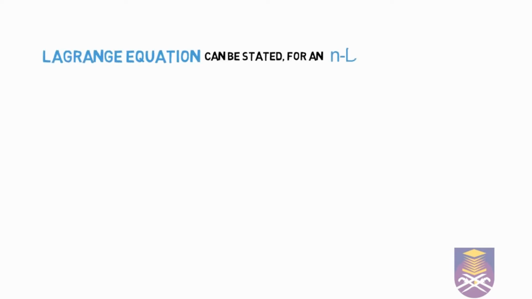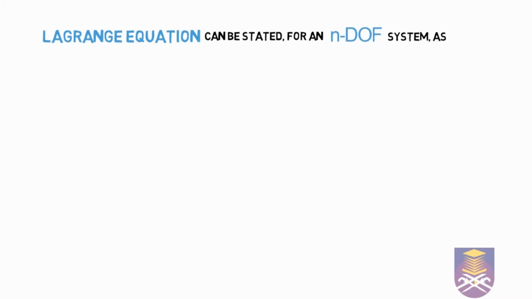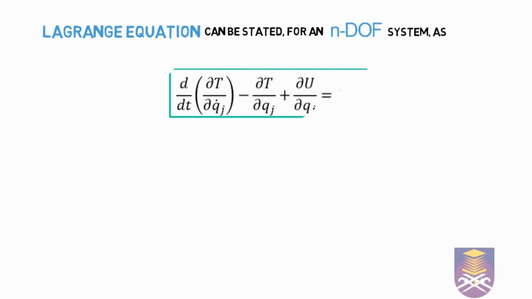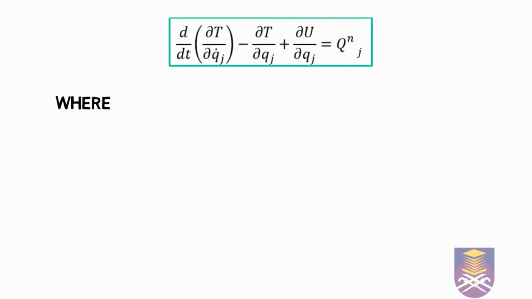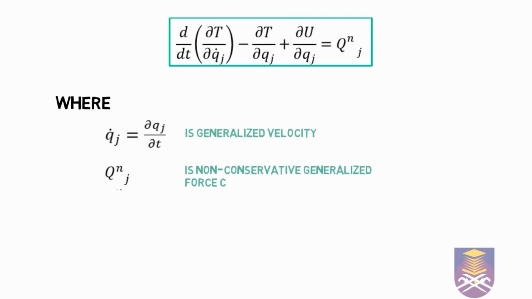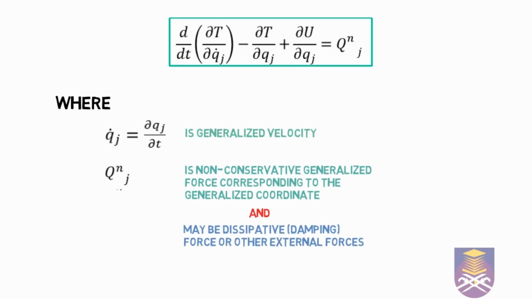Lagrange equation can also be stated for an n degree of freedom system as follows, where q dot equals del q over del t is the generalized velocity. Q_n is the non-conservative generalized force corresponding to the generalized coordinate and may be a dissipative damping force or other external forces.